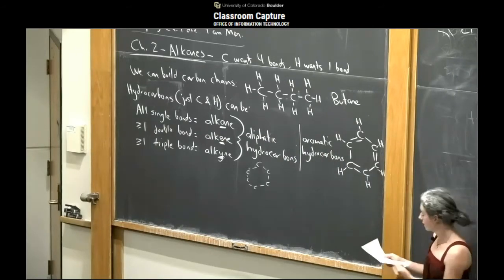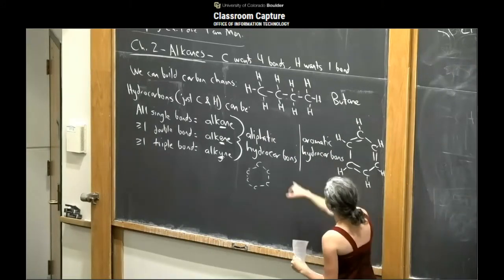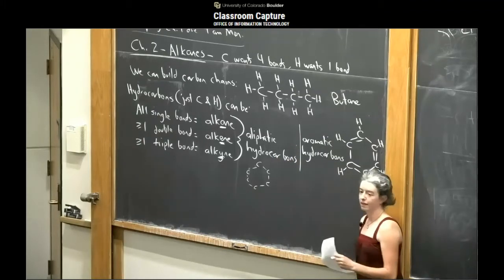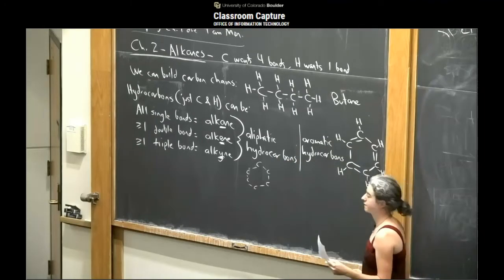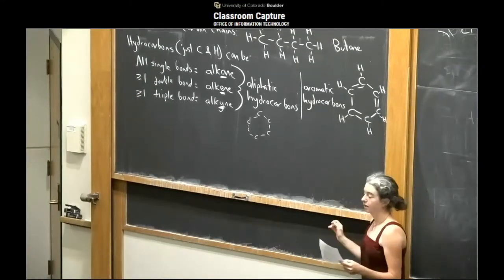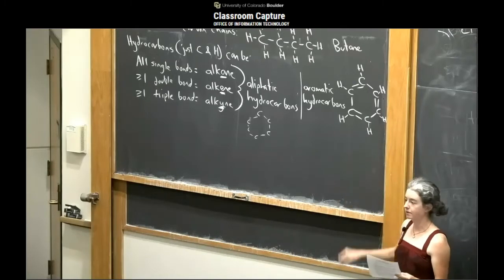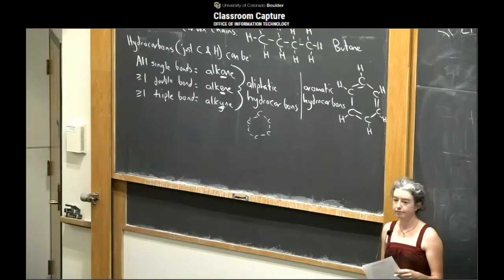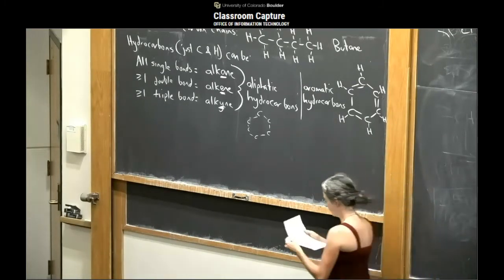Okay, so this chapter is just about alkanes for the time being, because they're kind of a good, simple place to start. Okay, any other questions about these categories before I move on? Okay, cool.